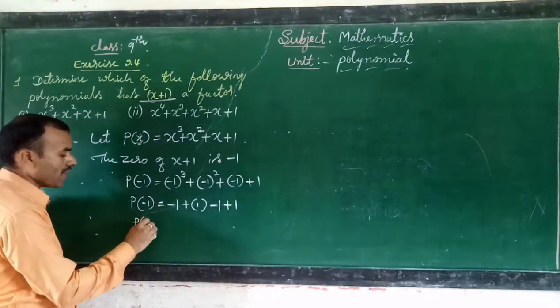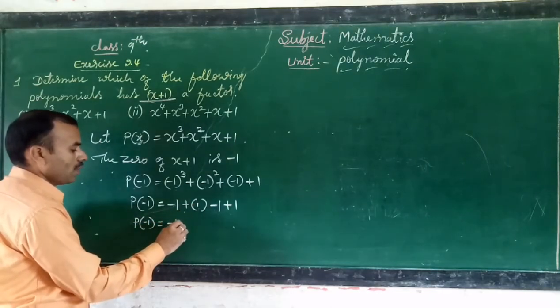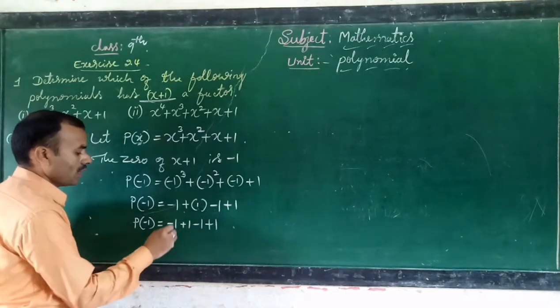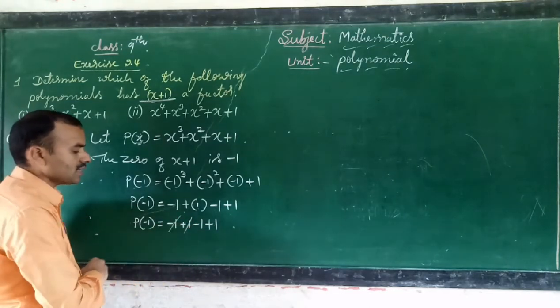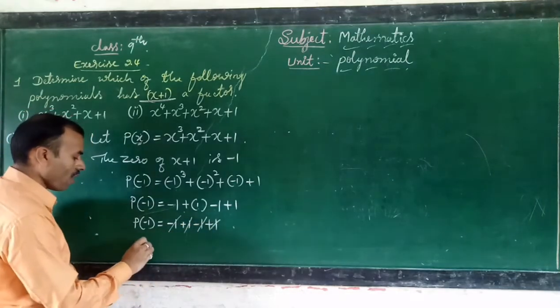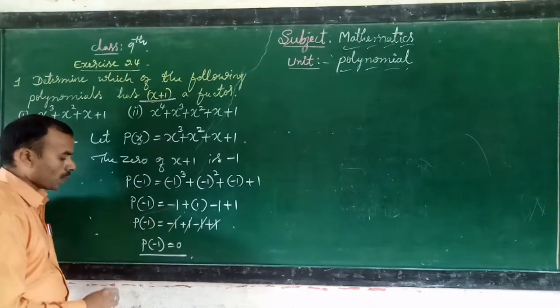P of minus 1 equals minus 1 plus 1 minus 1 plus 1. Here minus 1 plus 1 get cancelled, minus 1 plus 1 get cancelled. P of minus 1 is equal to 0.